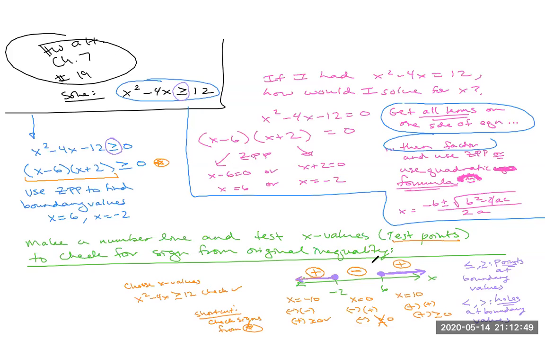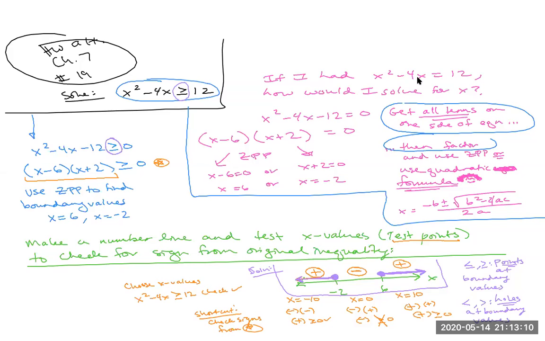So you're asked for a number line for number 19. This is what you would want your number line to look like. All right, that covers number 19.